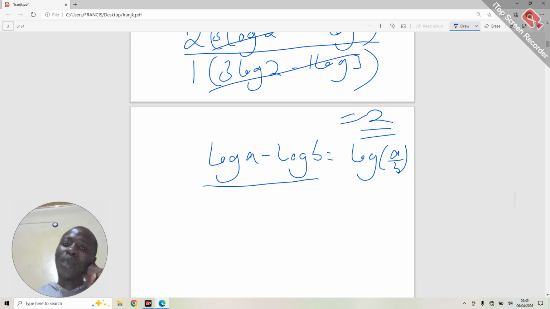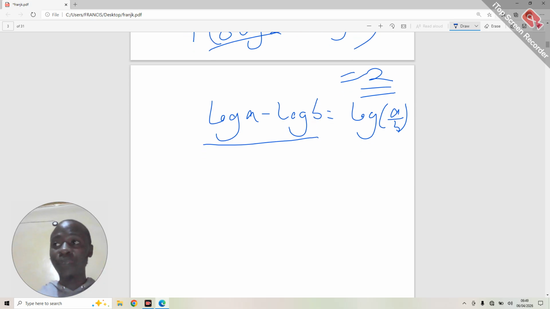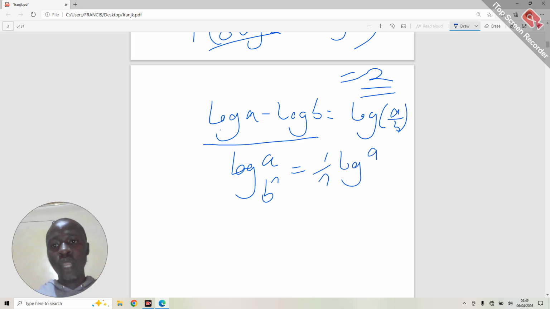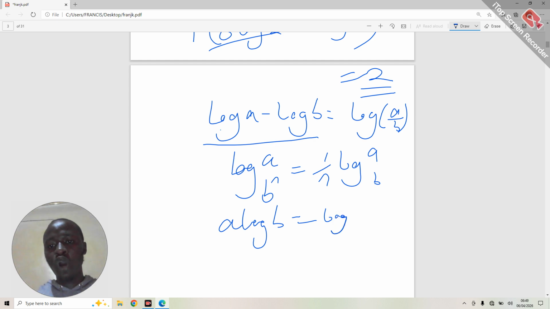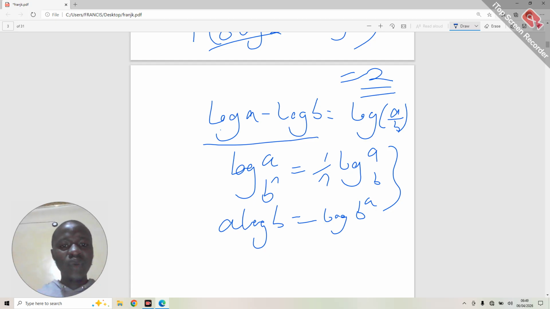Then we have a law combining 1 log. For example, we have log A B power n, which is 1 over n log AB, or something like A log B, which is equal to log B power A. These two are laws combining 1 log.